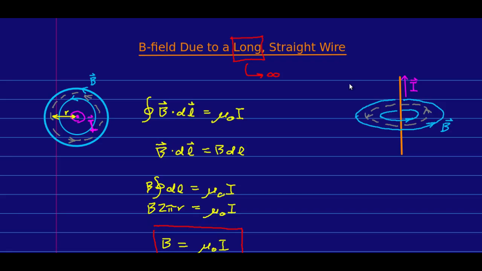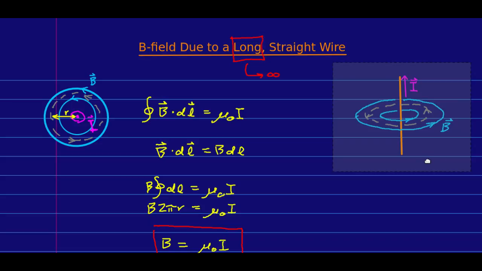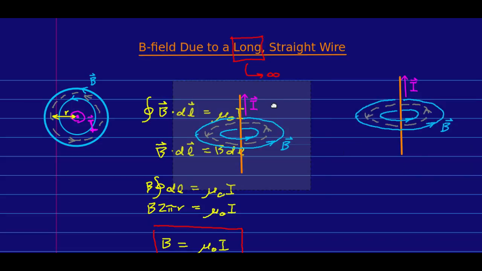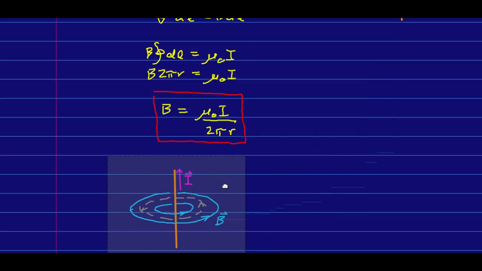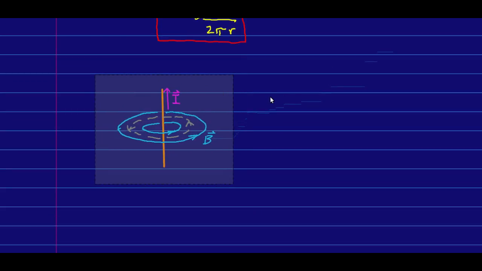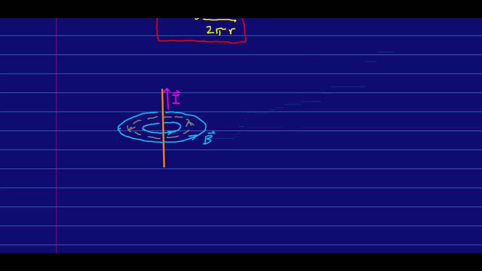It's important to note that this result only applies to an infinitely long wire, and I think it's useful to see why the argument only applies to an infinitely long wire. Note that if this wire isn't infinitely long, then at some point we have to have other wires that head off from it, something like so, and presumably somewhere there's a battery or something, which is the reason there's a current in this wire in the first place.